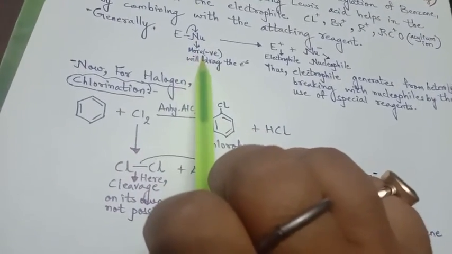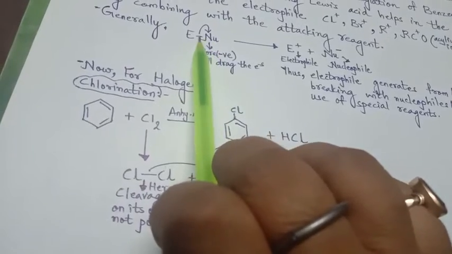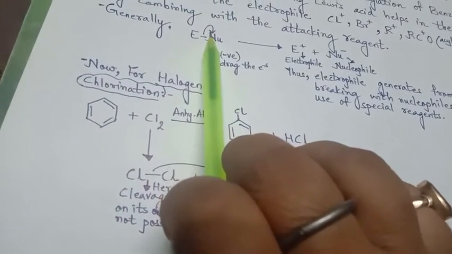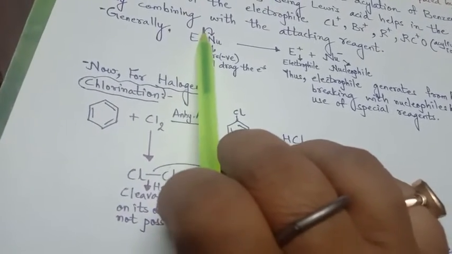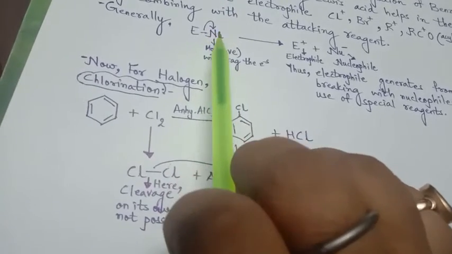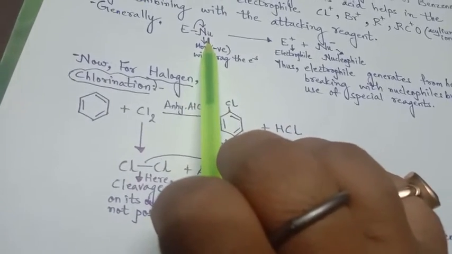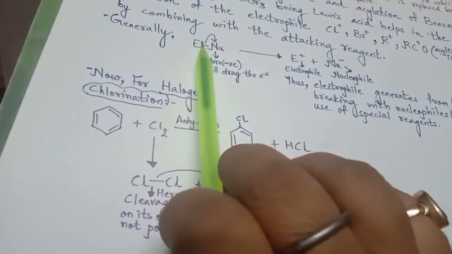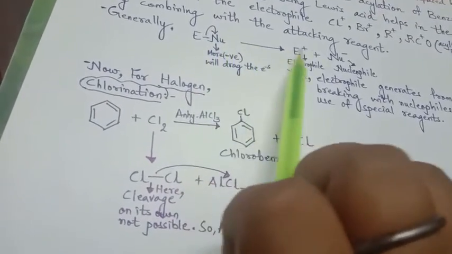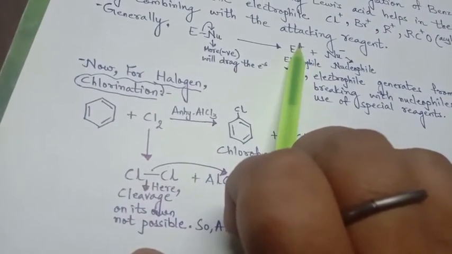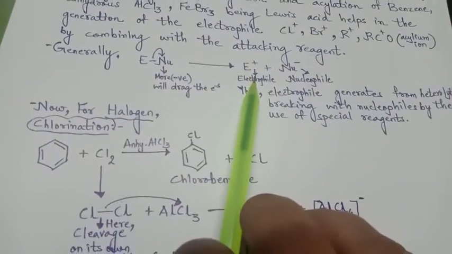Nucleophile, being more negative, will try to drag the electrons onto it. So, as it drags electrons onto itself, the nucleophile will acquire negative charge, and the electrophile, as the electrons are donated, will have positive charge. So, this is how the electrophile is generated.